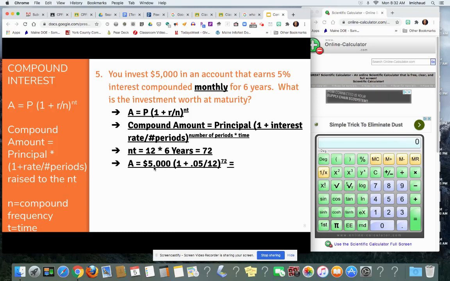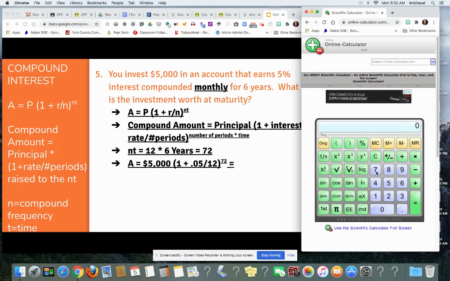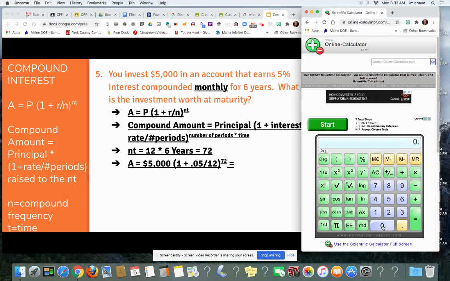So the 5,000 is the principal, 1's a constant, 0.05 is the interest rate. It's compounded monthly, so that's your N. It's compounded monthly for 6 years, so 12 times 6 is 72, that's your NT. So again, work within the parentheses first, 0.05 divided by 12.